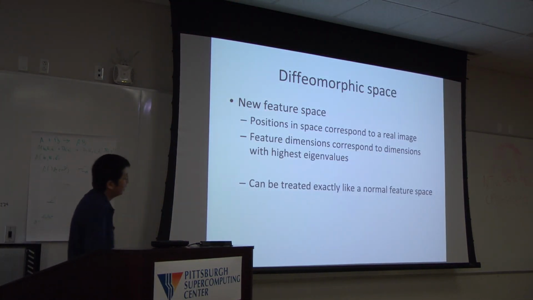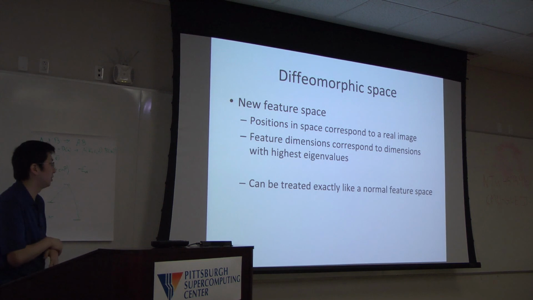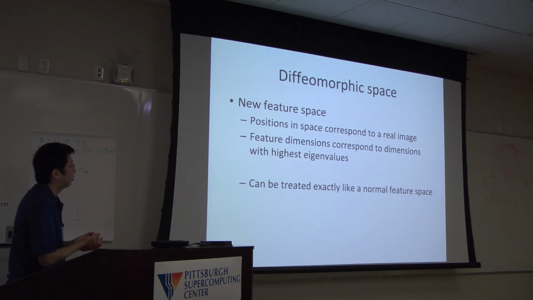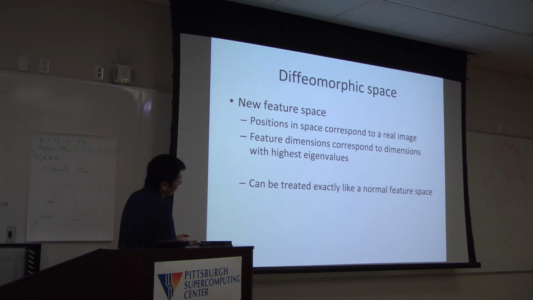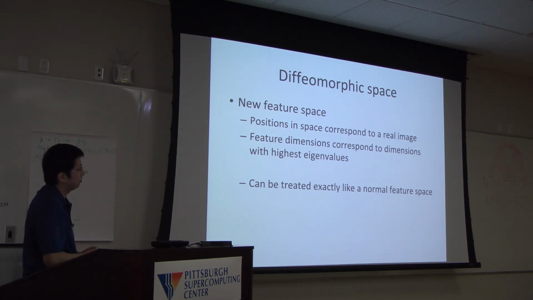As we talked about before, in the shape space, every position can represent a shape, and in our algorithm, like multidimensional scaling, it captures the most variance of the shapes.